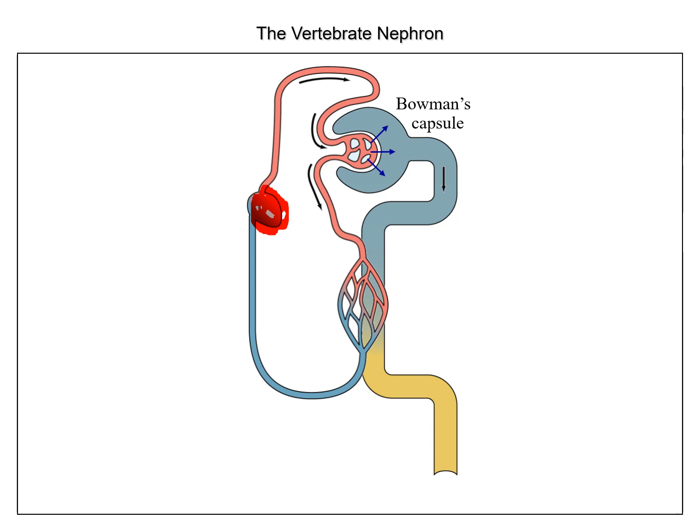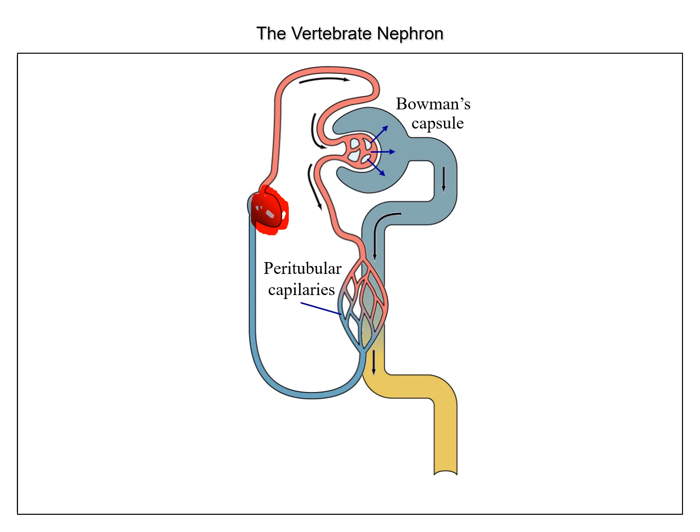Meanwhile, the blood leaving the glomerulus by the efferent arteriole is going towards the peritubular capillaries. So there's the fluid going down the tubular system, and the peritubular capillaries are wrapped around the tubules in order to allow for reabsorption and some secretion.